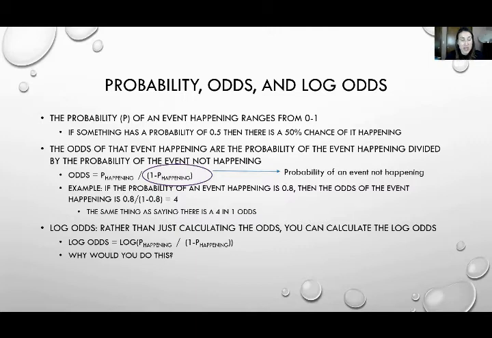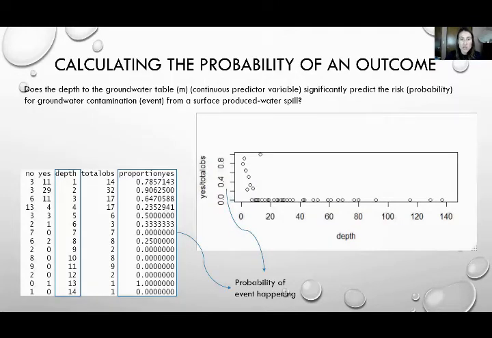So what does that look like? You still take the probability of an event happening, divide that by the probability of the event not happening, and then you log that entire result. So why would you do this? Okay, I want to show you why we would do this here. So let's take a look at the graph on the right.